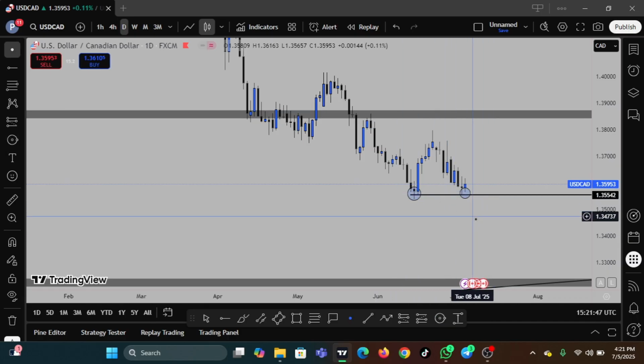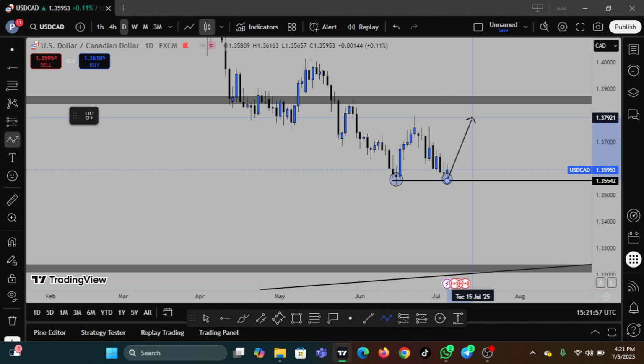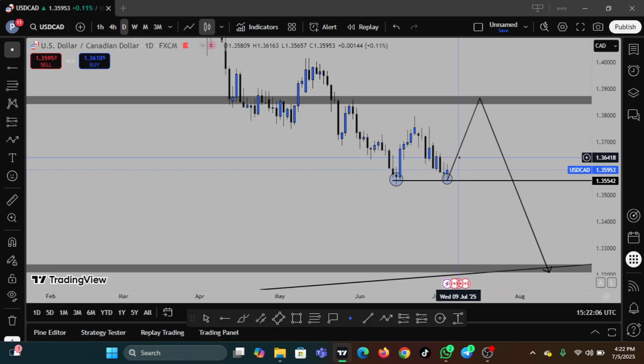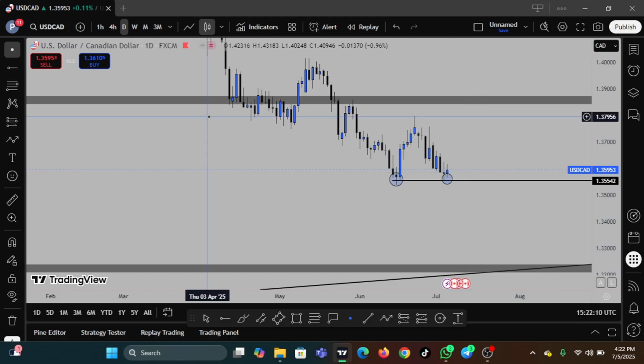This might hold as a possible double bottom, and if it holds as a double bottom, we expect this market to have a retracement, maybe a bigger retracement back to this top before we can see that massive collapse. So USD CAD, we are actually bearish, but currently we may have a pause for the bearish move.